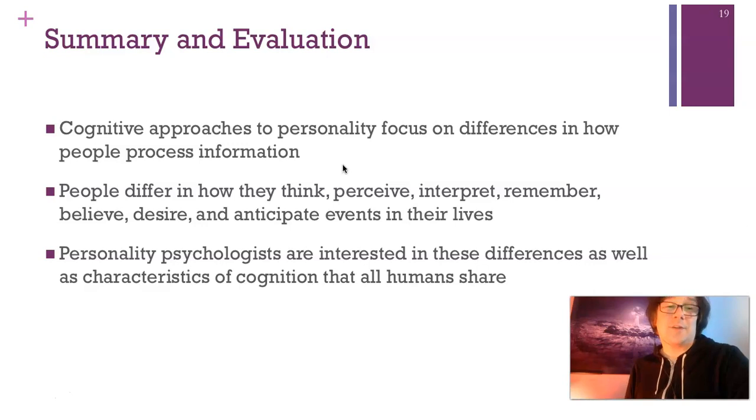Okay, so just to summarize this chapter here, cognitive approaches to personality focus on differences in how people process information. People differ in how they think, how they perceive, interpret, remember, believe, desire, and anticipate events in their lives.